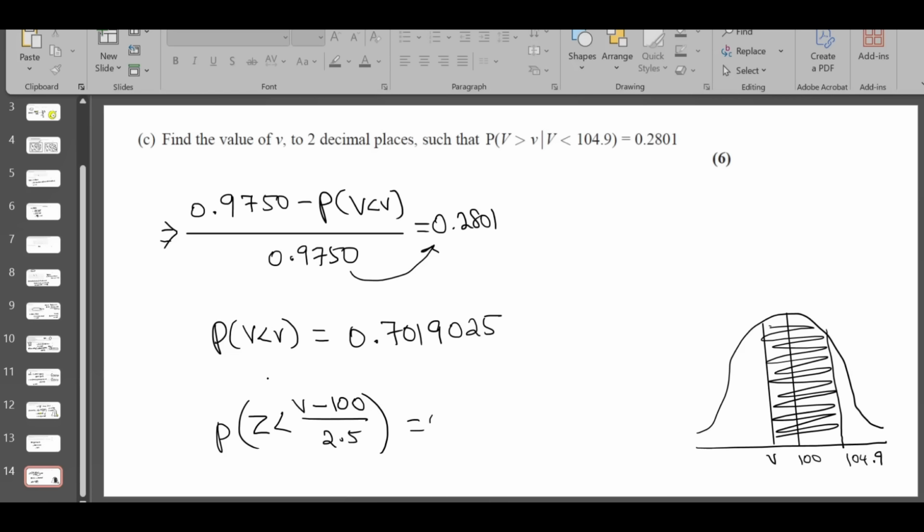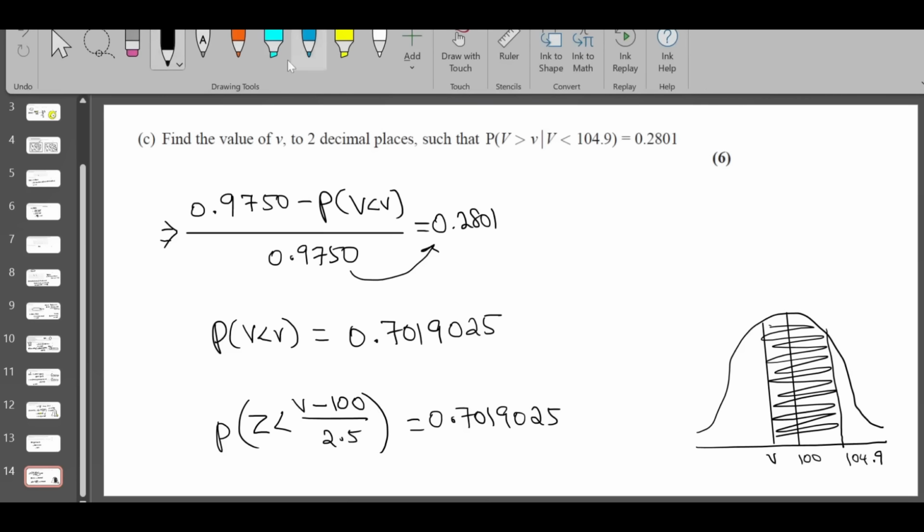Now standardize this. Z is less than x minus mu over sigma, is equal to 0.7019025. Okay, if you look at the bell curve, they're talking about the area on the left hand side of a point, but the value is bigger than 0.5, right? So definitely the number has to be on the positive side.